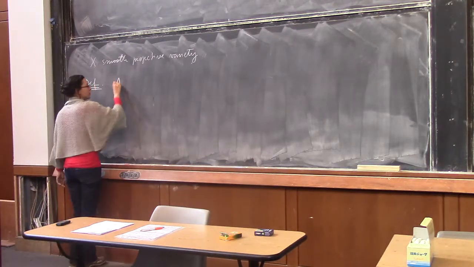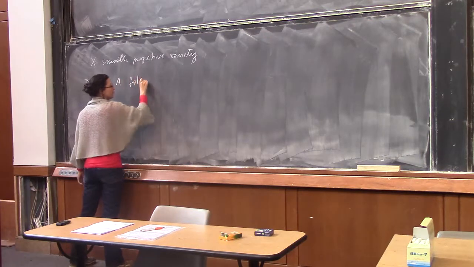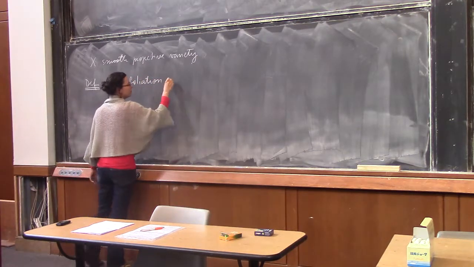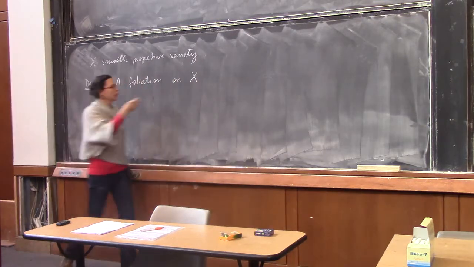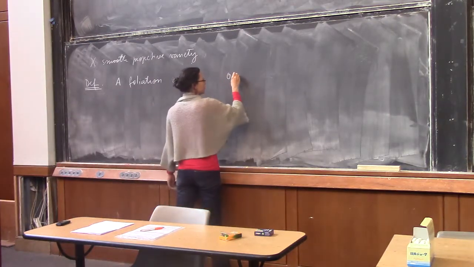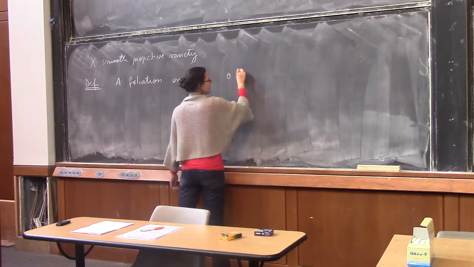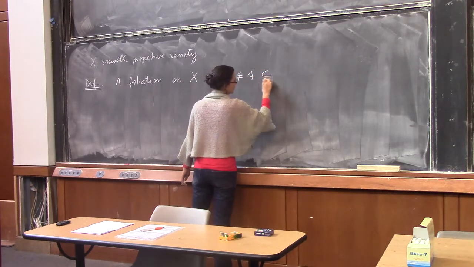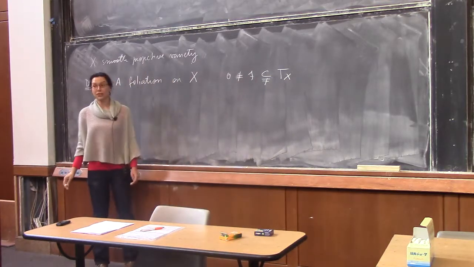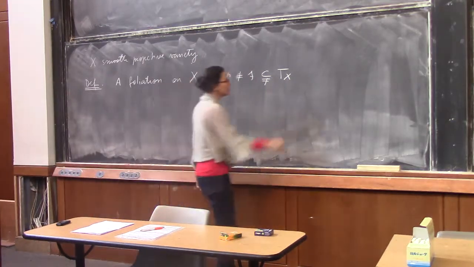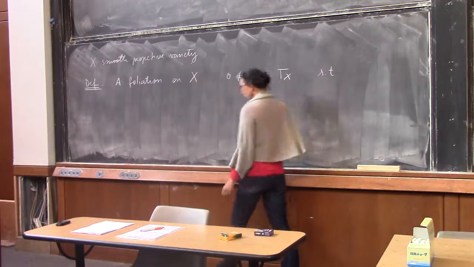A foliation on X is a non-zero, proper coherent subsheaf F of the tangent bundle subject to the following conditions.